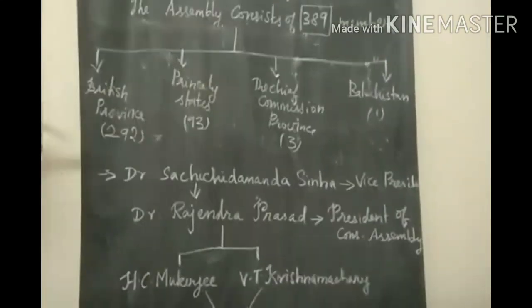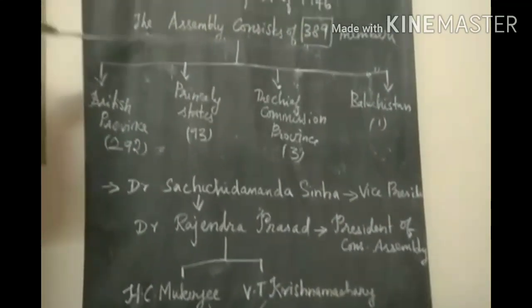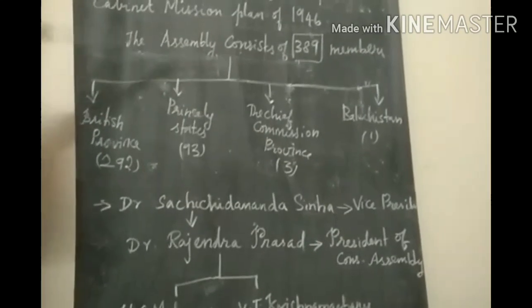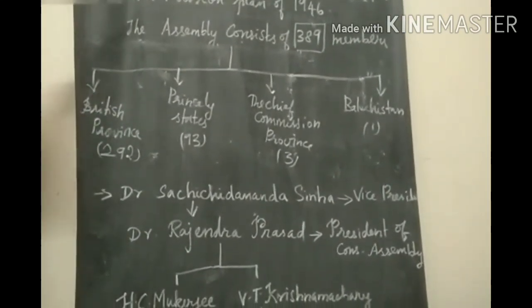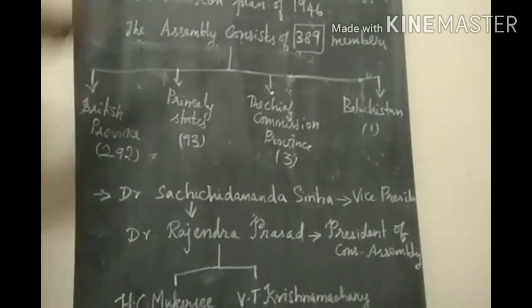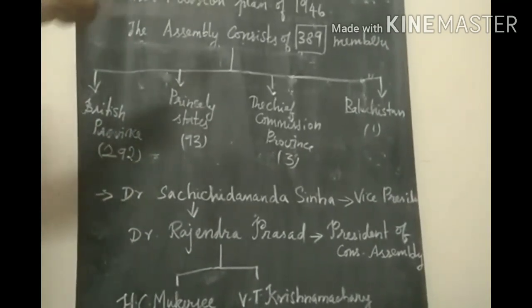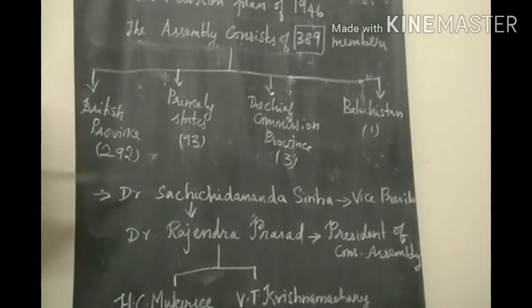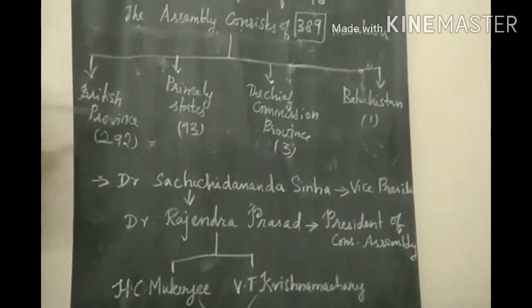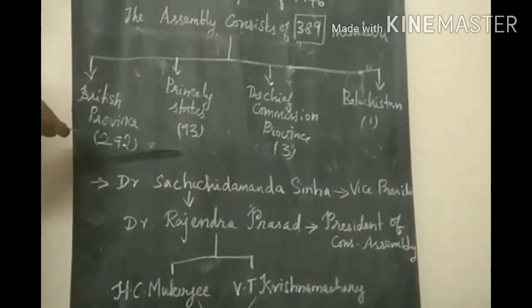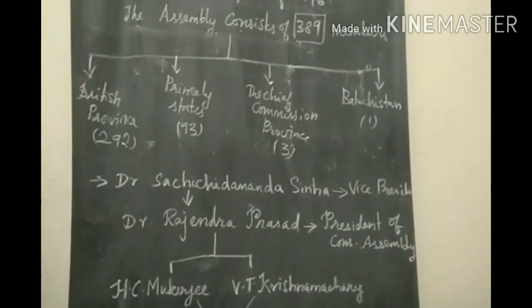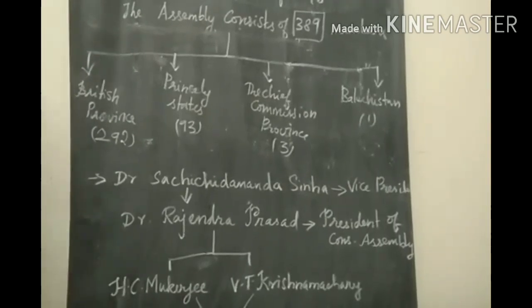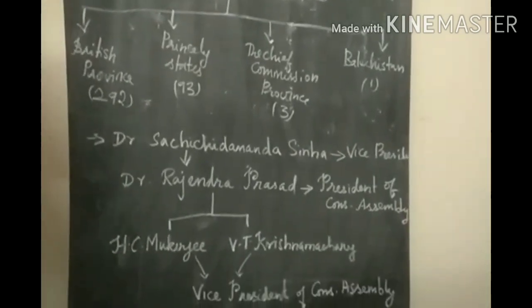So the Constitution of India was framed by the Constituent Assembly set up under the Cabinet Mission Plan of 1946. It consists of 389 members: 292 from British provinces, 93 from princely states, 3 from Chief Commissioner provinces and 1 from Balochistan.